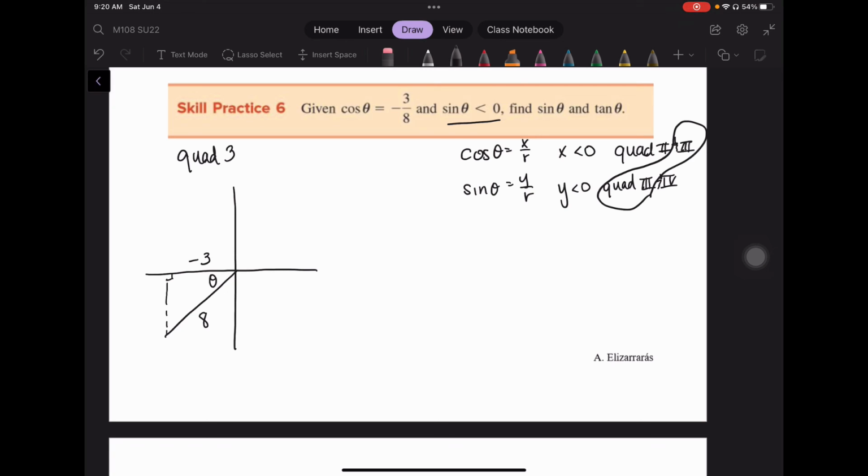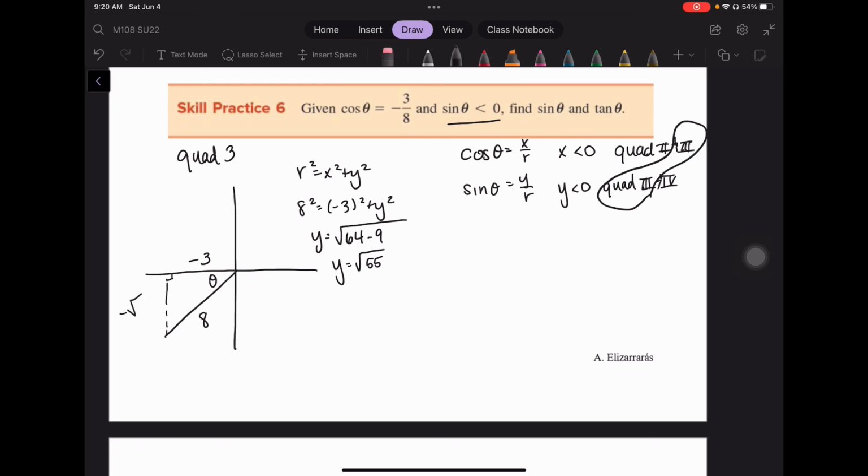So we're going to use the Pythagorean theorem for that. Remember that r squared equals x squared plus y squared. So we have r, which is 8. 8 squared equals negative 3 squared plus y squared, or y is equal to the square root of 8 squared, which is 64, minus 3 squared, which is 9. The square root of 64 minus 9 is root 55, which does not have any perfect squares inside.